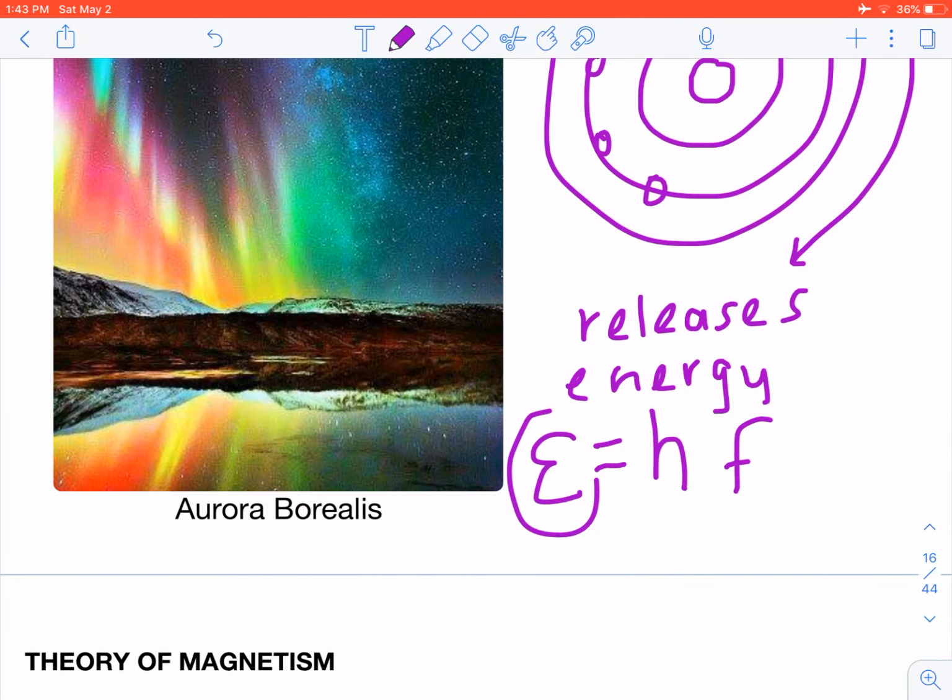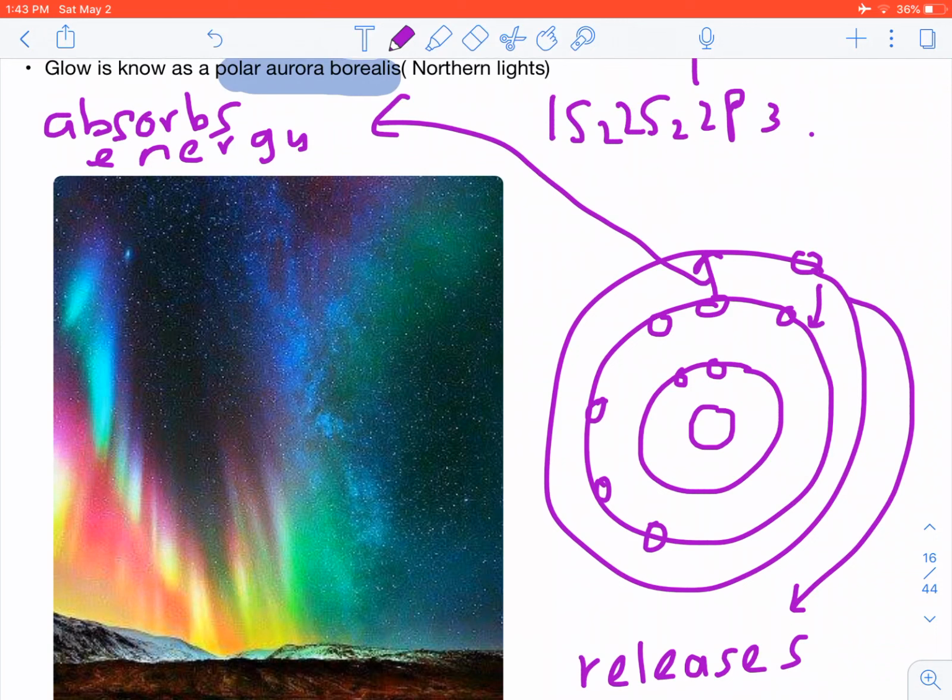The energy of the photon depends on the frequency, and if it emits a certain frequency, that frequency is related to its color, and then we see this beautiful aurora. The electrons are first excited, then move from higher energy levels to lower energy levels, and in doing so they release energy in the visible spectrum, which is the light that we see.